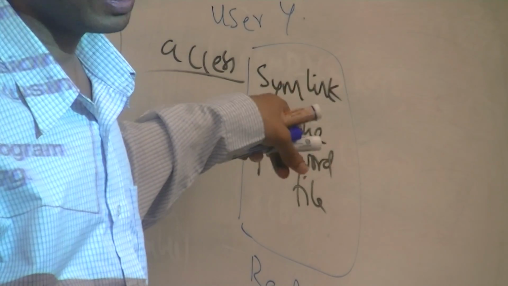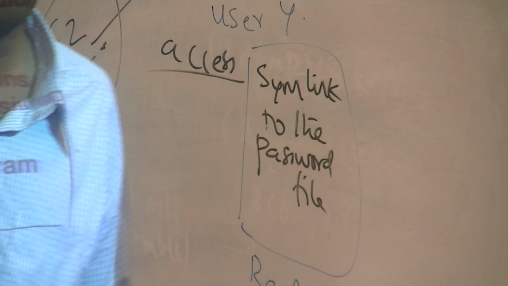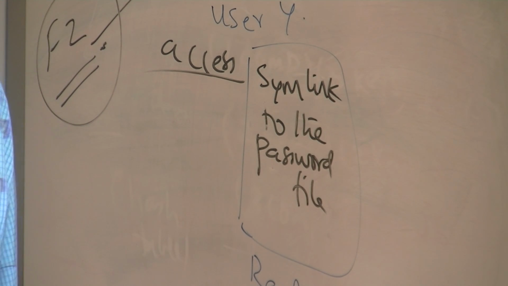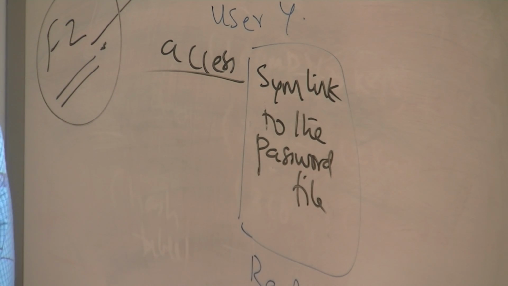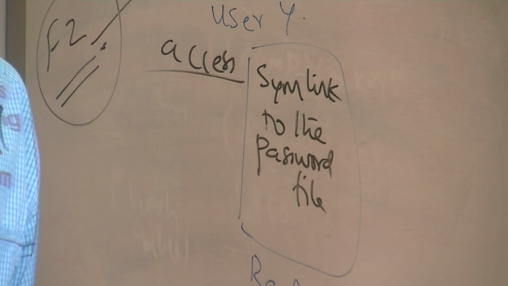You cannot have a symbolic link. Because if it has a symbolic link to the password file at this point, the operating system is not going to let him read the password file, because the access permission check is based on what? The real user ID has the read permission on that file.